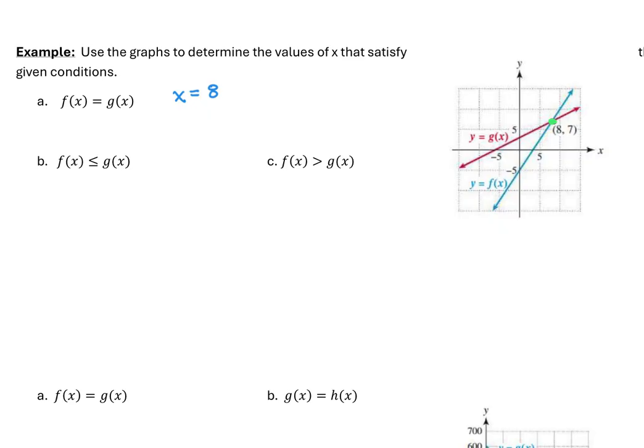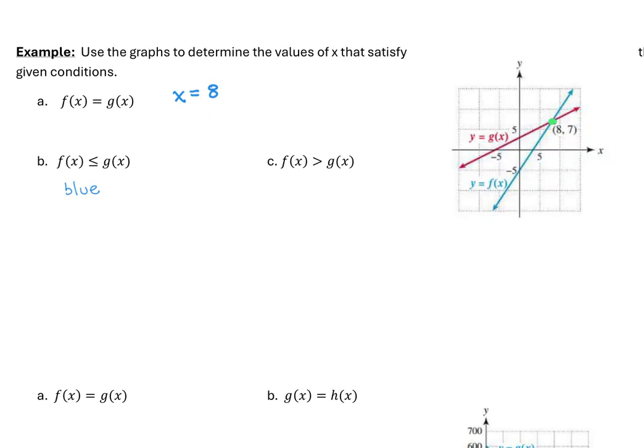Now, the second part is we're going to look at some inequality statements. When we look at the statement f of x is less than or equal to g of x, I'm going to talk in terms of colors. We have f of x as our blue line.